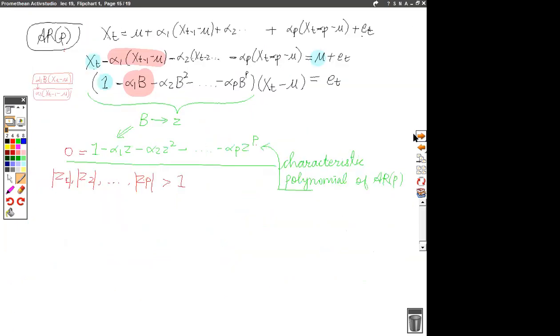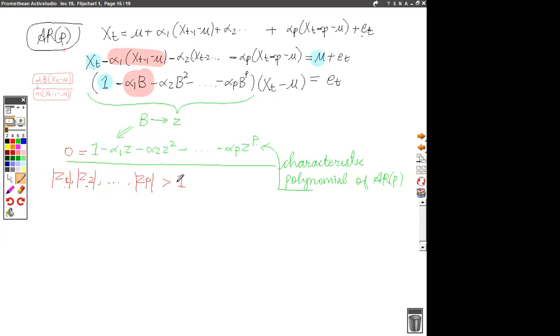After which we looked at an ARP model and we figured out the conditions for an ARP model to be stationary, which turned out to be that all the roots of its characteristic polynomial, derived by substituting the backward shift operator and taking xt as common, should be greater than 1.